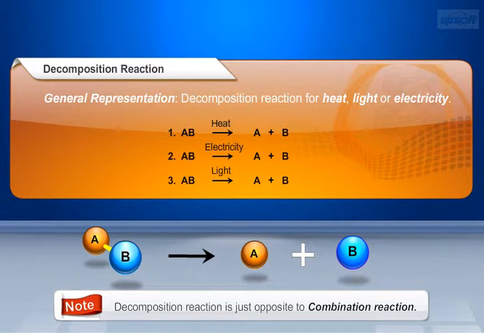Please note that a decomposition reaction is just the opposite of a combination reaction. It means a combination reaction takes two or more reactants to produce a single product, whereas in a decomposition reaction a single reactant produces two or more simpler products.